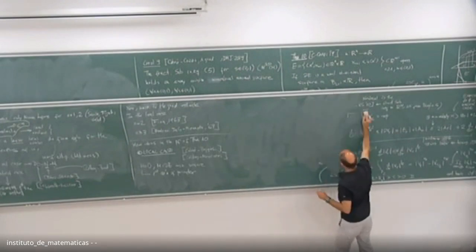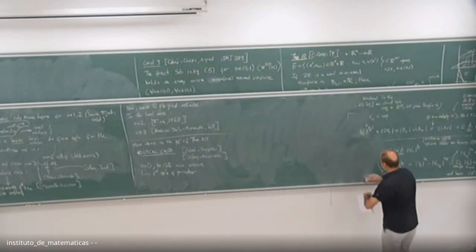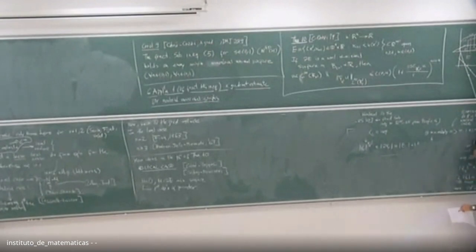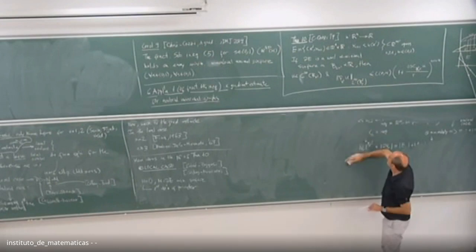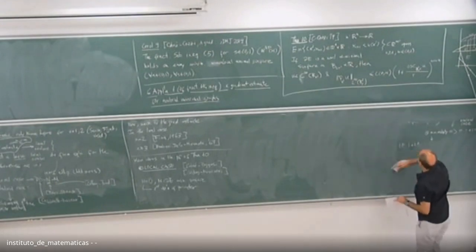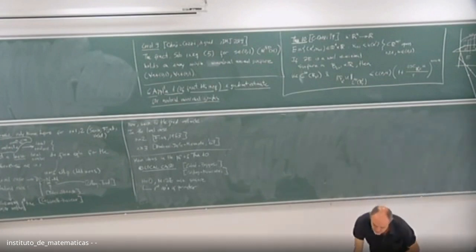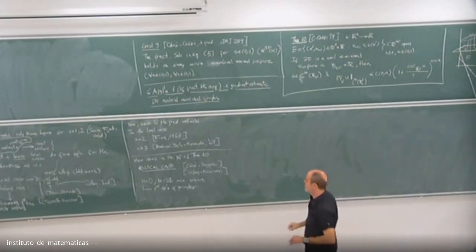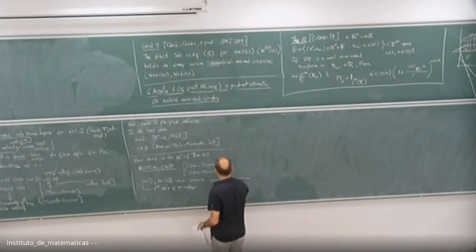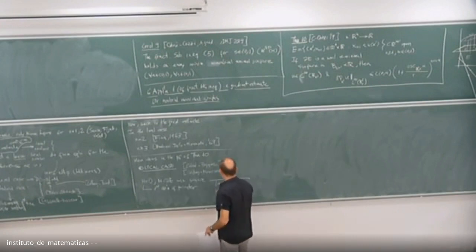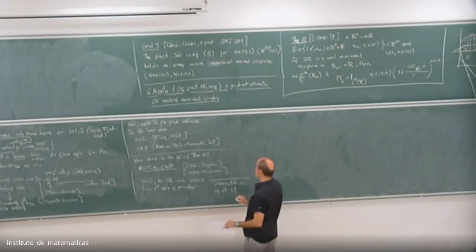For instance, if your surface is minimizing, the second variation will be a non-negative definite quadratic form, and that can be very useful to work with. To make the second variation is the same as making the linearization of H, the first variation, at your particular minimal surface.